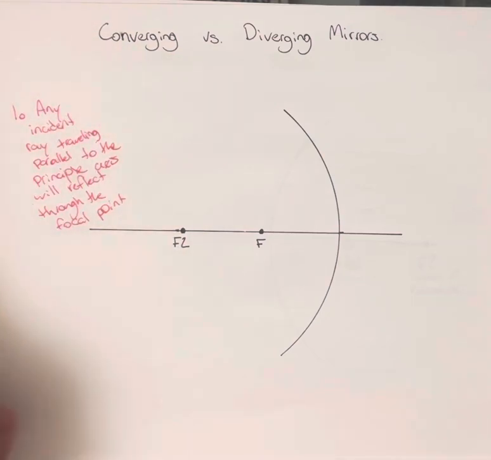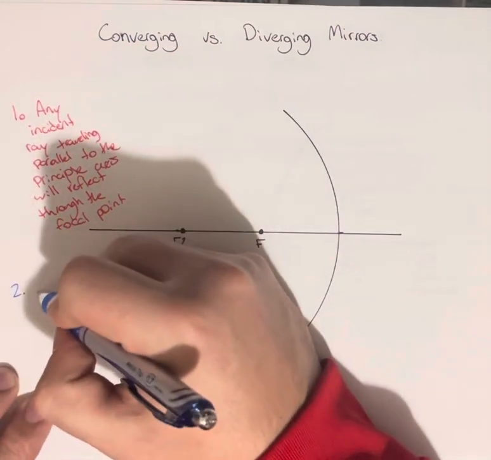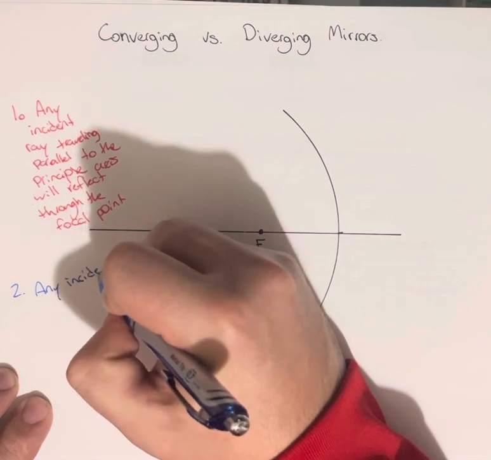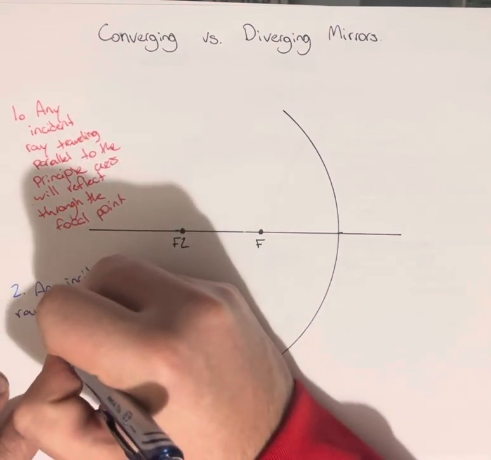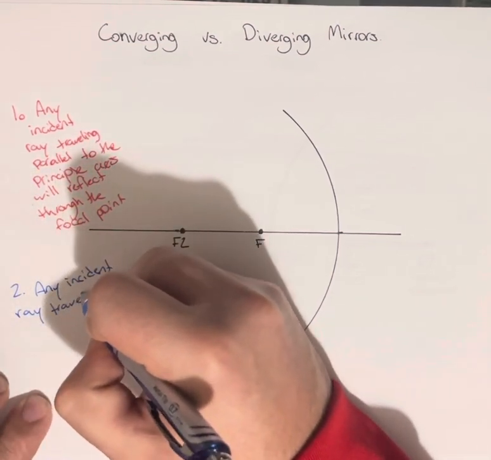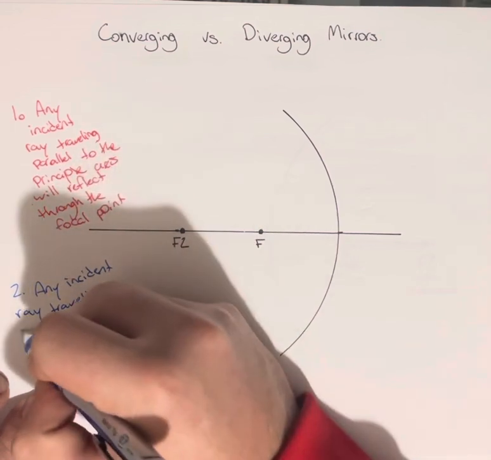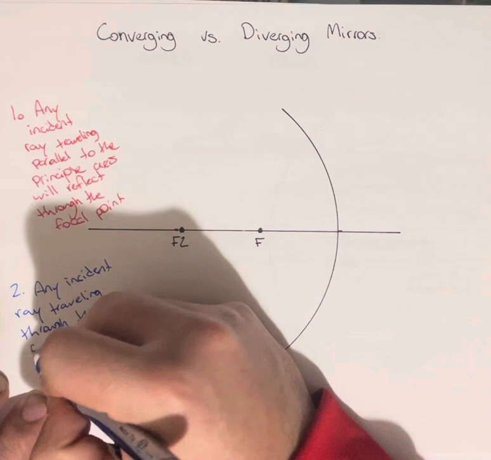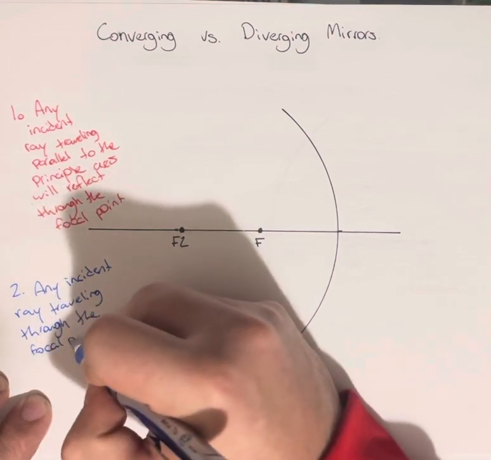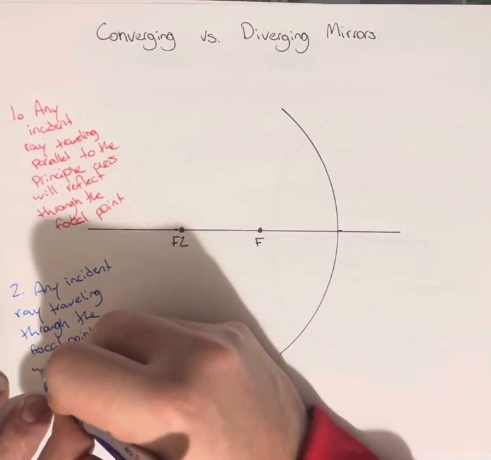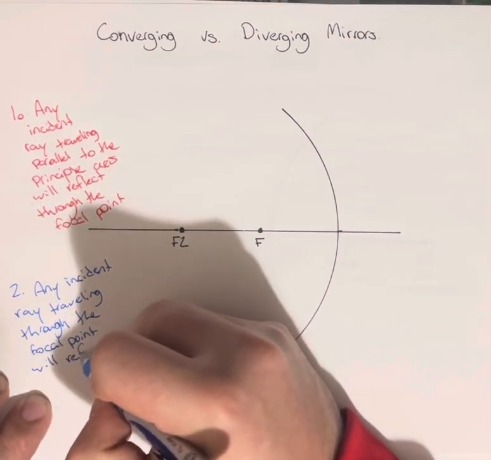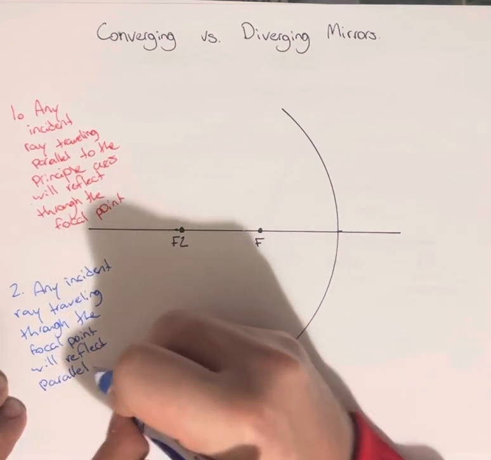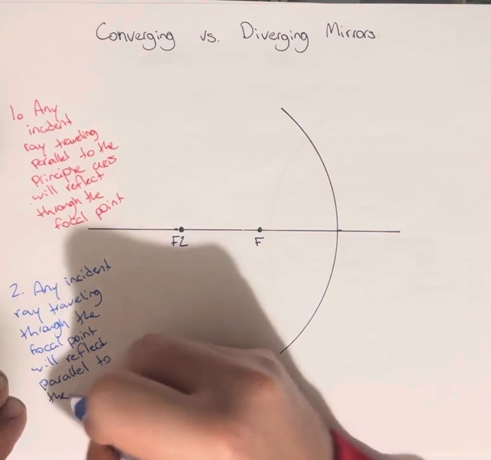And then our second one was that any incident ray traveling through the focal point will reflect parallel to the principal axis.